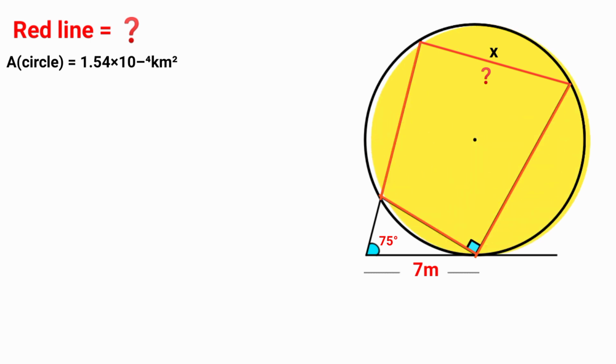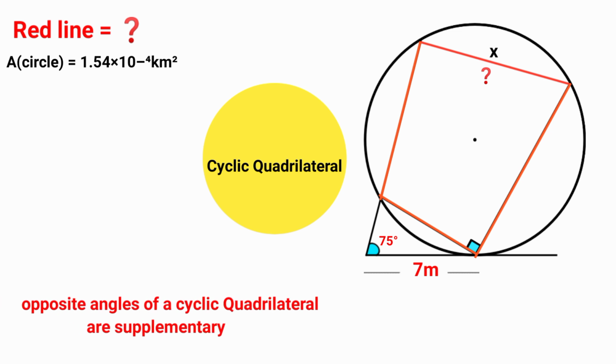We start with this quadrilateral here. It has all 4 of its vertices on the circumference of the circle. That means it is a cyclic quadrilateral. We know opposite angles of the cyclic quadrilateral are supplementary, that is, they must sum up to 180 degrees.